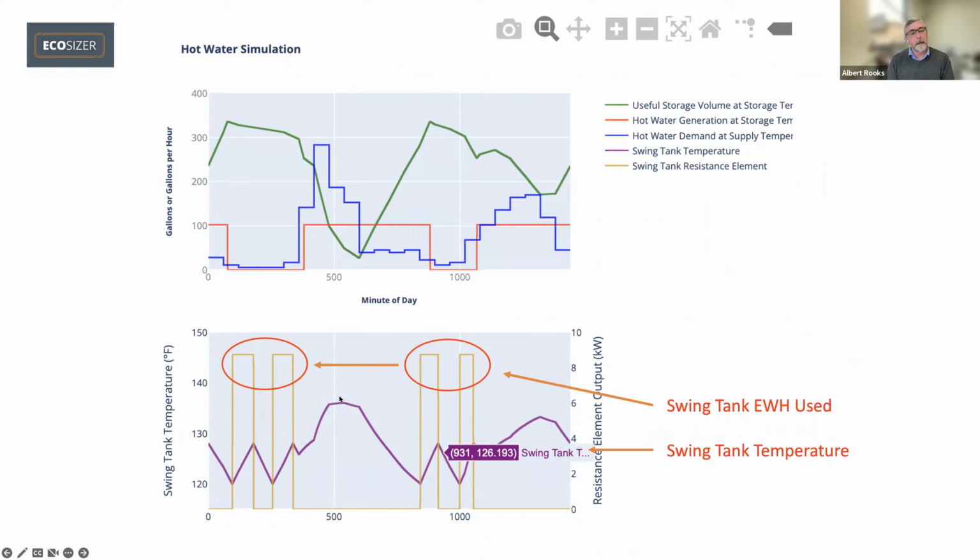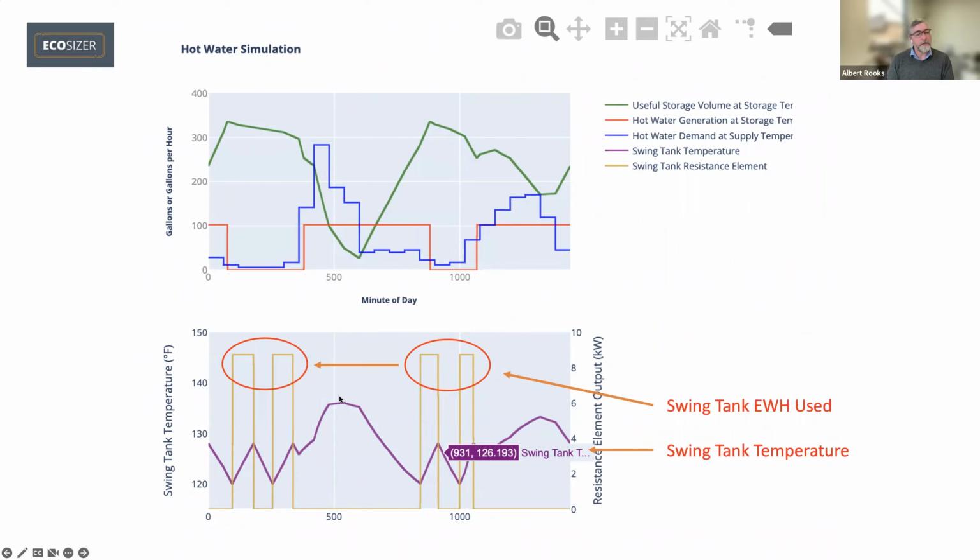The next one down is the swing tank. So this is how we know if we size the building appropriately and size the swing tank. Because the purple line there is the swing tank temperature. And so, when it's fresh, and this is only showing part of the story, swing tank temperature should be seeing 150, some high temperature water come in. It's mixed throughout the tank and it's always got a recirc loss. So the swing tank will always be a little bit less than primary storage because it's got constant losses associated with it, but it should always be above our mixed temperature, our mixing valve temperature, right?